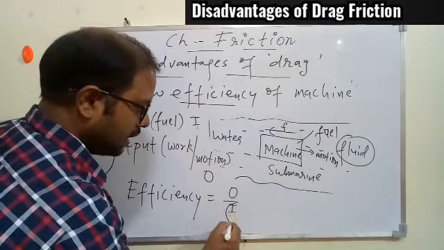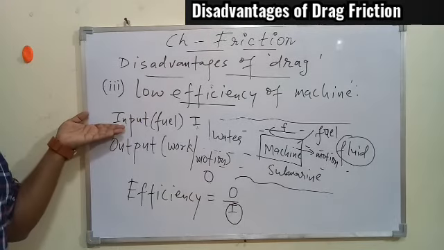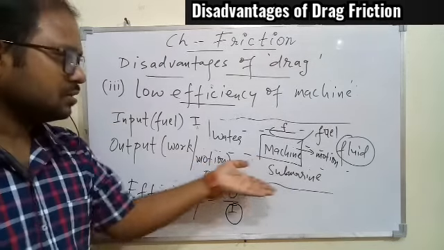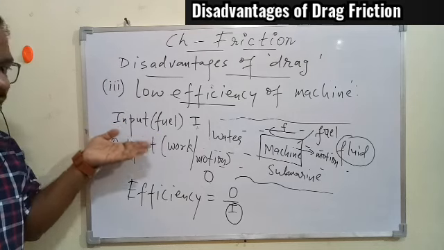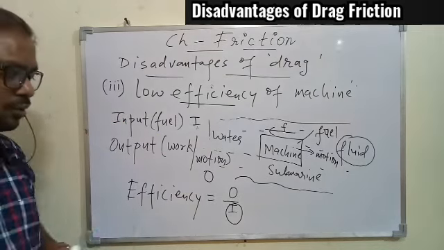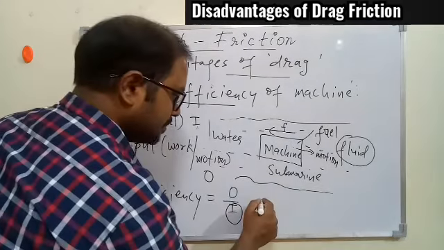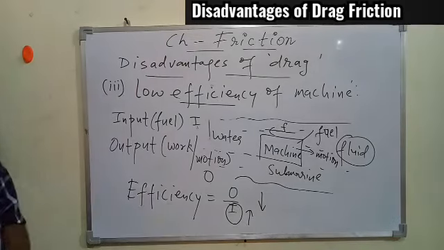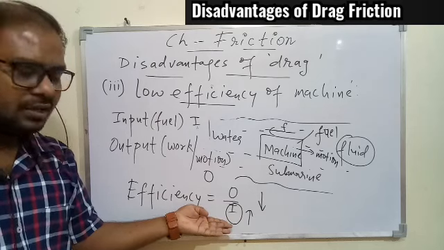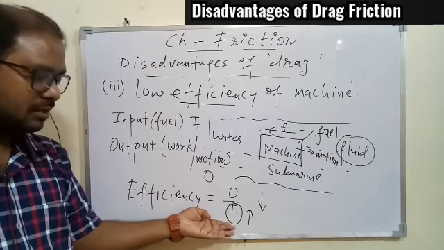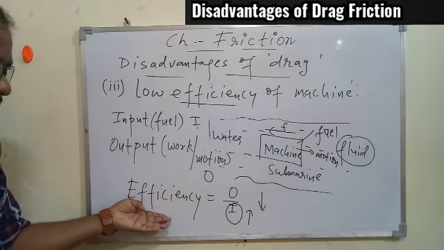The energy will be utilized extra, means the input will be increased, because of the drag friction, more fuel has to be utilized. So the machine will take more energy. If this input will increase, then finally this efficiency will decrease, because we know in the concept of the ratio, if any number increases or decreases in the ratio, it will affect the overall answer that we have.